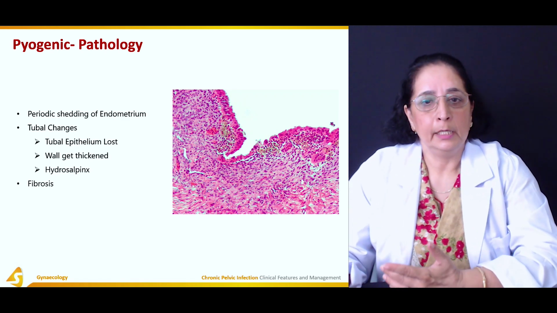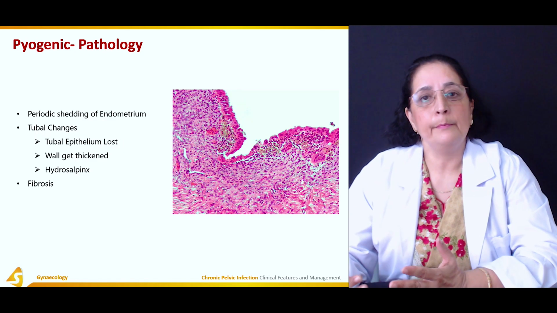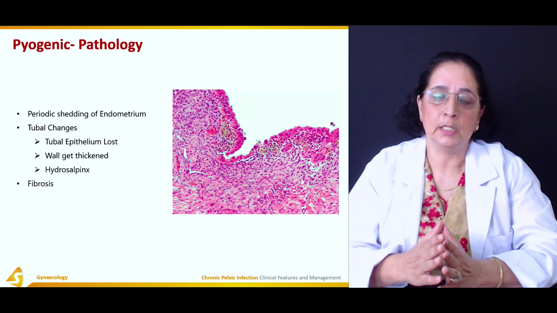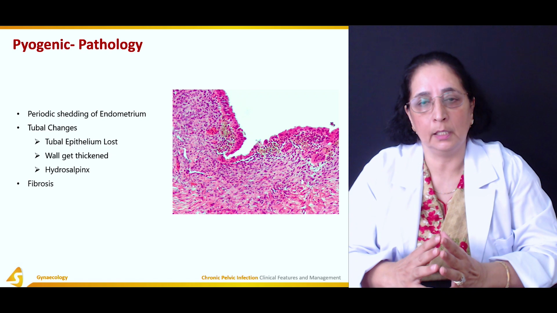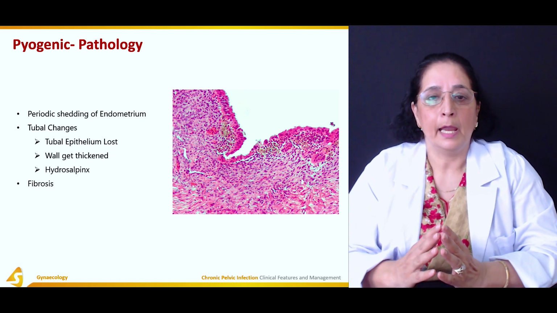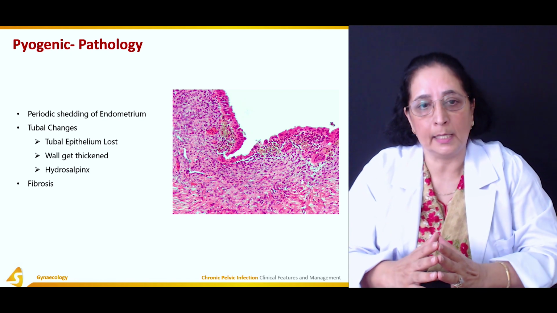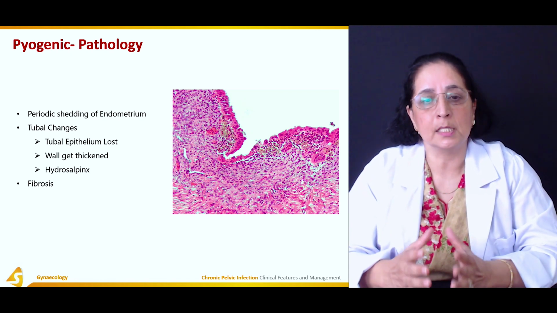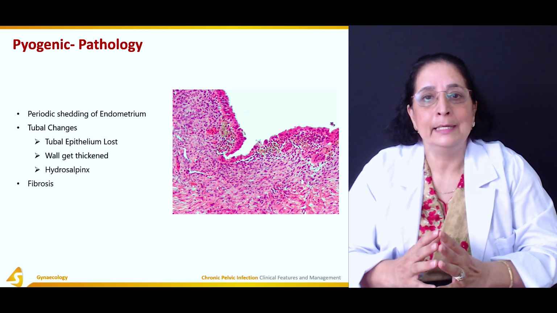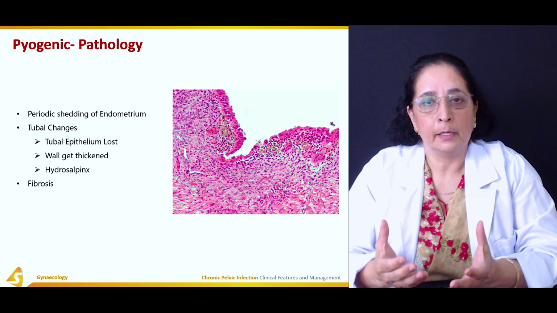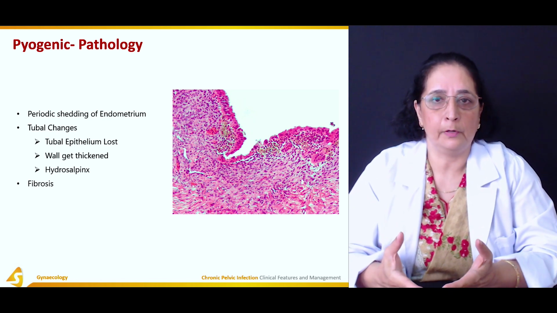So, pyogenic pathology. What is pathology? Pathology is the abnormality. Physiology is the normal functioning and normal structure of the body system. And pathology is the abnormality. So, pyo is pus, pyogenic pathology. So, what leads to the chronic infections, leading to pus formation?